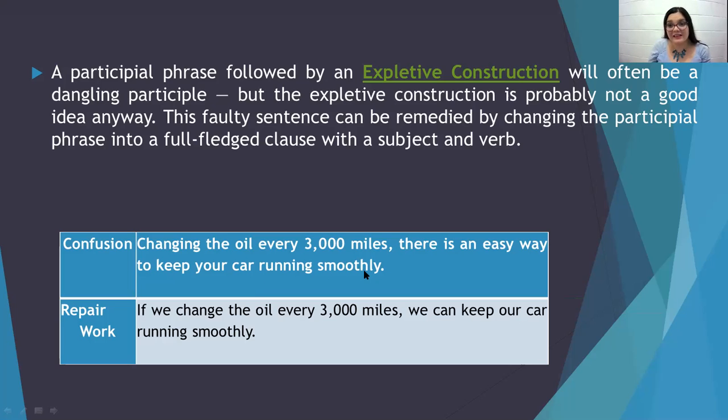Still, it is confusing, and instead of fixing the dangling modifier, we are still having a mixed and illogical construction. So how do we change it to make it better? "If we change the oil every 3,000 miles, we can keep our car running smoothly." So we're using the same subject here and the same subject in the independent clause.